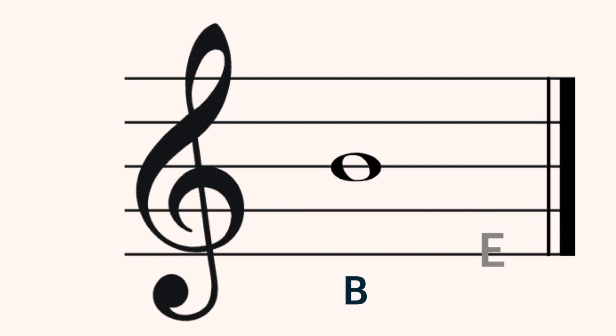Well, we know the bottom note is E, the bottom line. The second line is G. The middle line is B, which happens to be the line that this note is resting on. The next line up is D, and the top line is F. Because the note is on the third line, and the third line is called B, that note is a B.